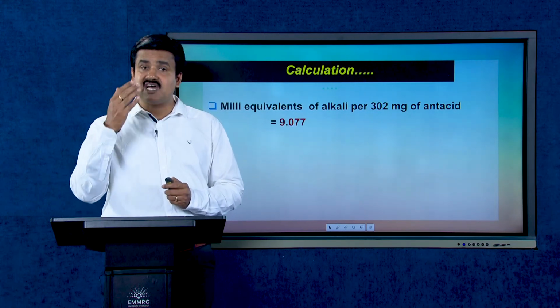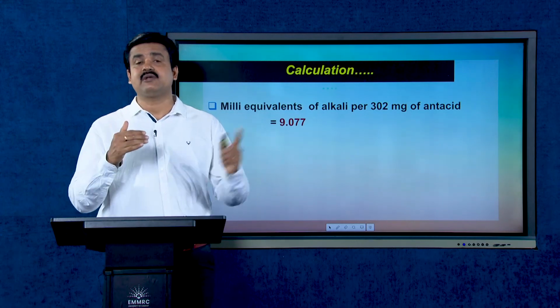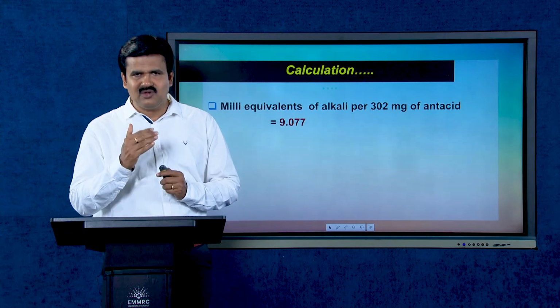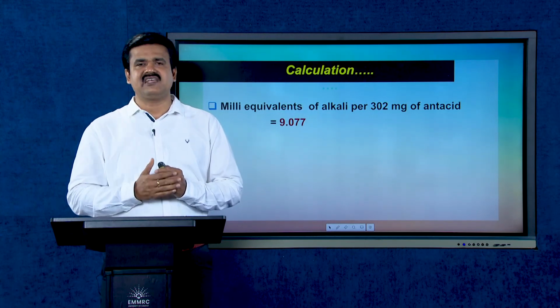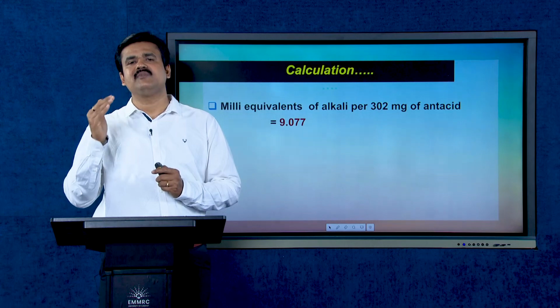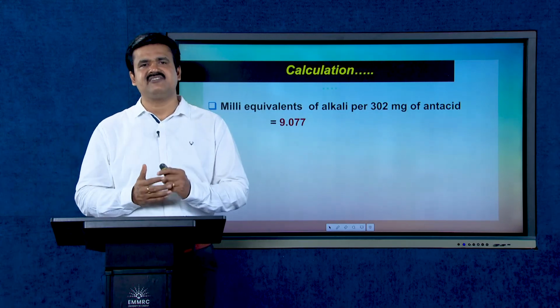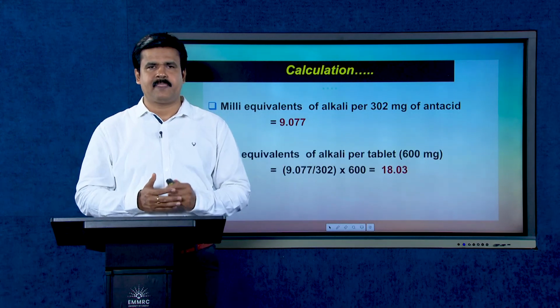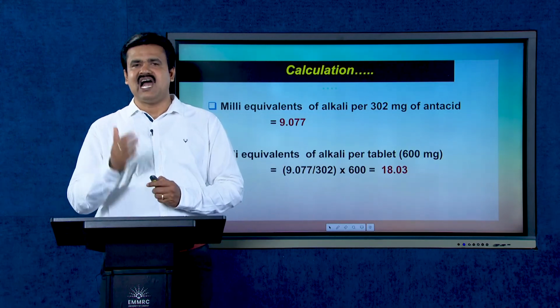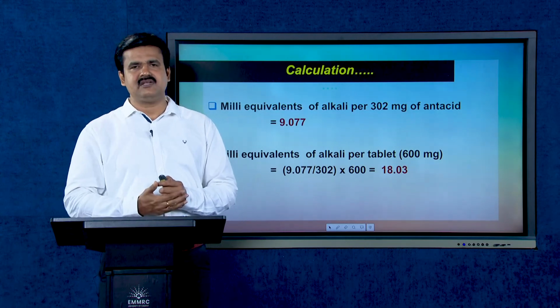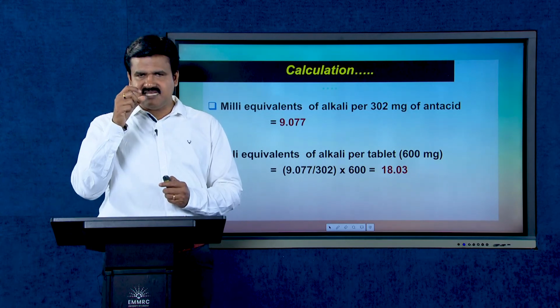Instead of getting sharp 300 milligram, we weighed out a quantity that is equal to 302 milligram. So, the milli equivalence of alkali present in 302 milligram of antacid is equal to 9.077 milli equivalent.